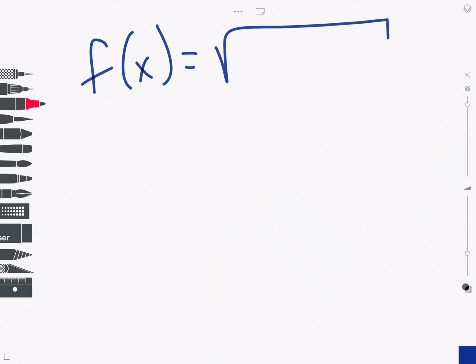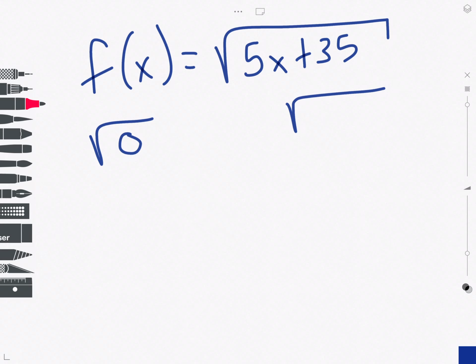So let's say it asks you to find the domain of f of x equals the square root of 5x plus 35. So you ask yourself, what is the smallest or biggest thing that could work in this function? So the smallest thing I can take a square root of is 0.